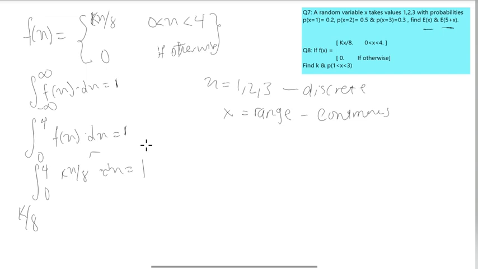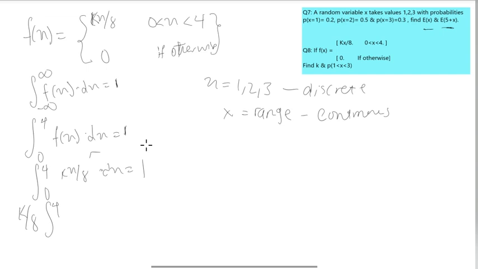We are bringing it outside because it is a constant. The only thing we are concerned about is x, so any other thing that is not with x, we bring outside so that we integrate only x. It can be there and you still get your answer, but for it to be less bulky, you bring out the constant, which is k over 8.